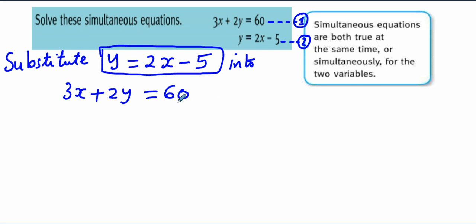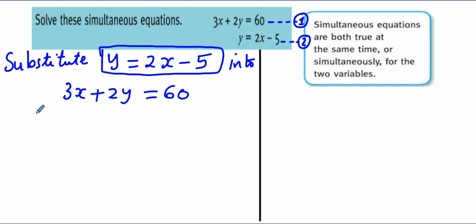You can see that, let me try to make a border here. In this equation, which has a letter the subject, the equation reads as y equals 2x minus 5. So we are going to substitute y equals 2x minus 5 into 3x plus 2y equals 60.